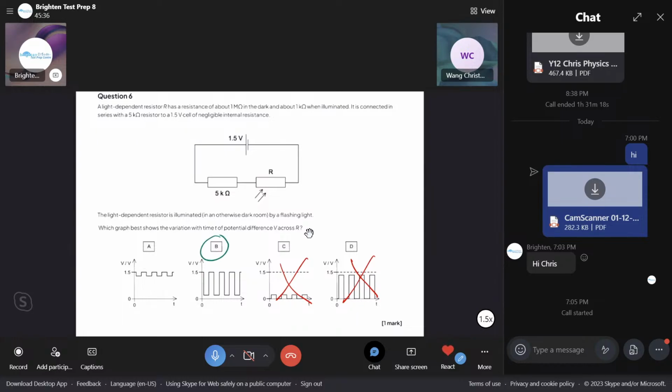Now, what is helpful in this case is to think about the potential divider equation. That's one thing.